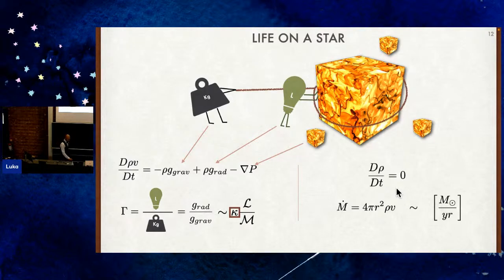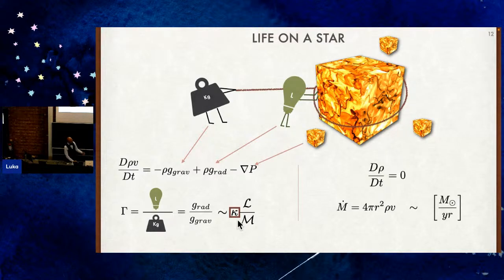As you can see here, this gamma parameter scales with the luminosity-to-mass ratio, as well as this small kappa, which is the interaction constant between gas and radiation. Now you might already get a first feeling why this is important for massive stars, because they have a large luminosity-to-mass ratio.